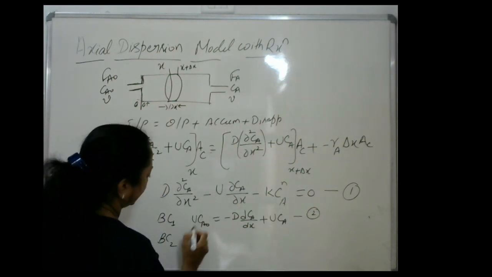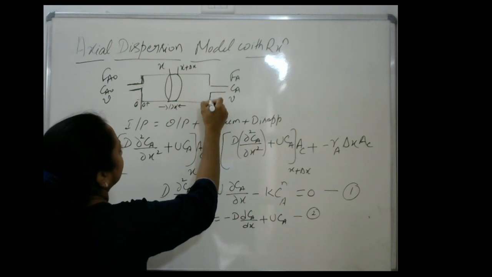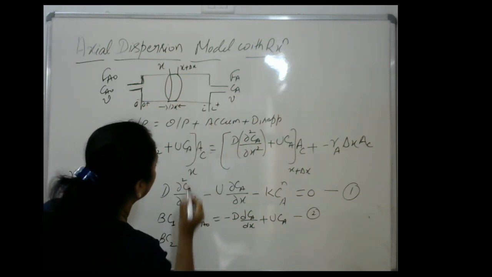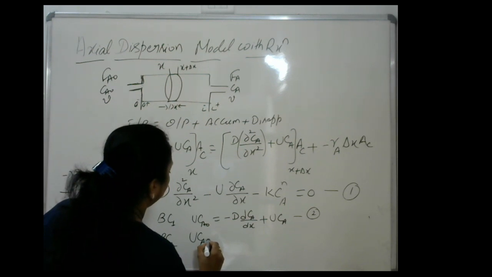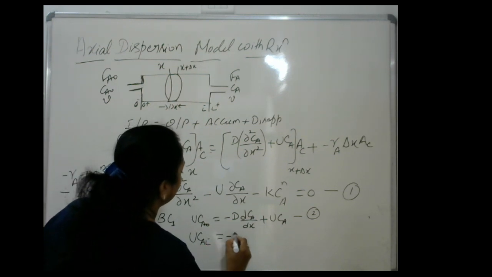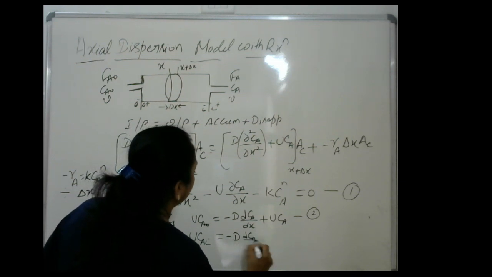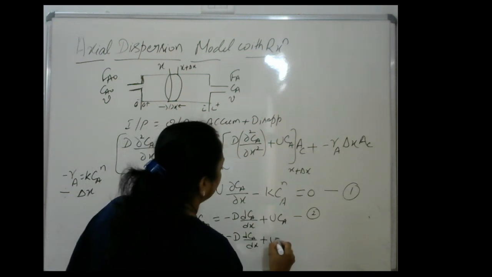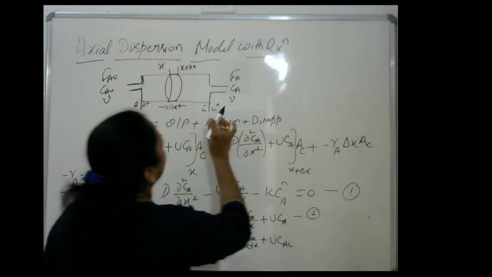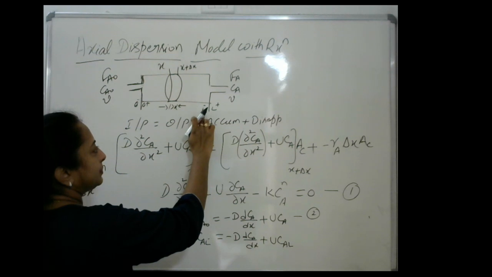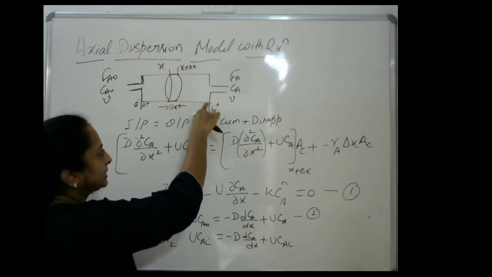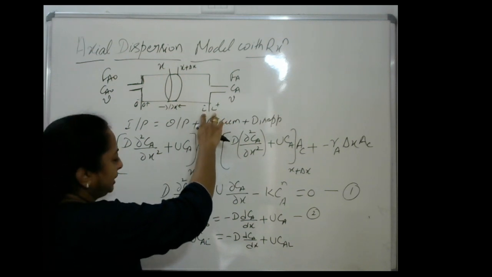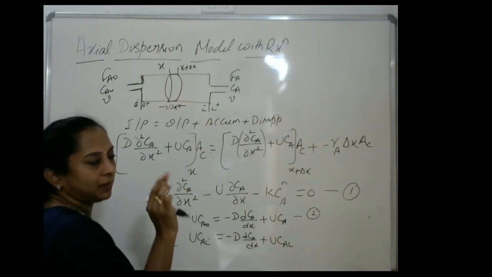The second boundary condition, on a similar basis, I can consider at length L minus and L plus. And u Ca at L minus will be equal to minus D dCa/dx plus u Ca at L. Actually, at this point and this point it will be almost the same. Whatever is here will come out. So your Ca at L minus will be equal to Ca at L plus.